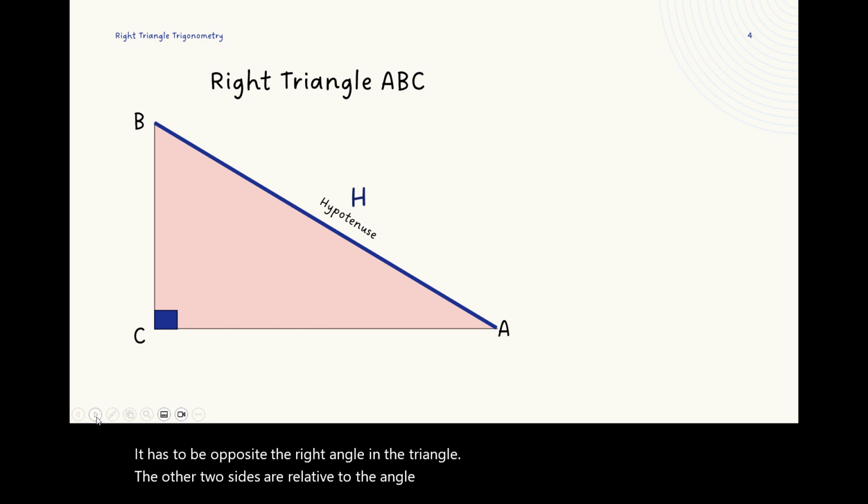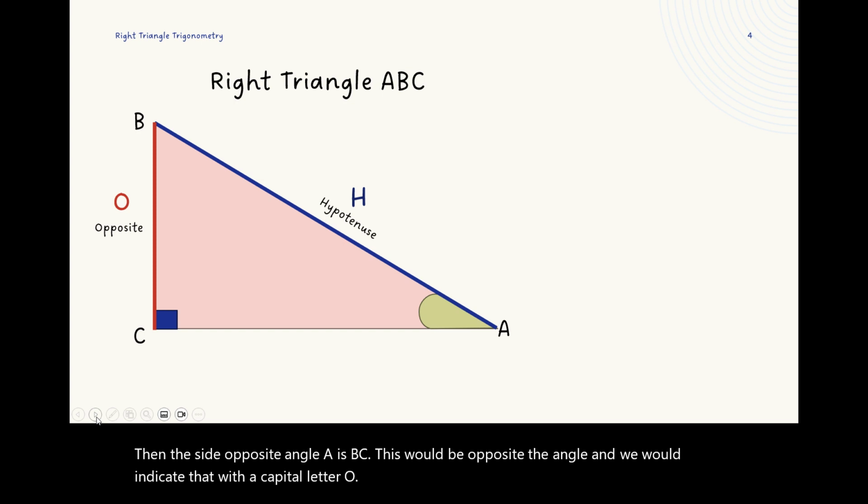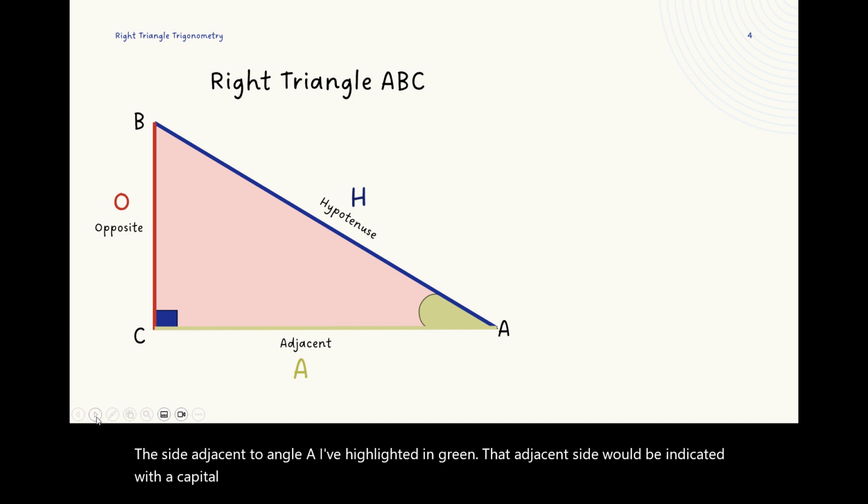If we're looking at angle A, then the side opposite angle A is BC. This would be opposite the angle, and we would indicate that with a capital letter O. The side adjacent to angle A, I've highlighted in green. That adjacent side would be indicated with a capital letter A.